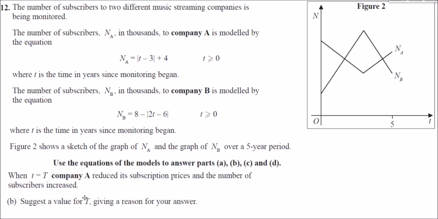Part B, we have to suggest a value for T, giving a reason for our answer. What we're told here is when t equals big T, company A reduced its subscription prices and the number of subscribers increased. So if we have a look at this graph for company A, the number of subscribers increases at this point here.